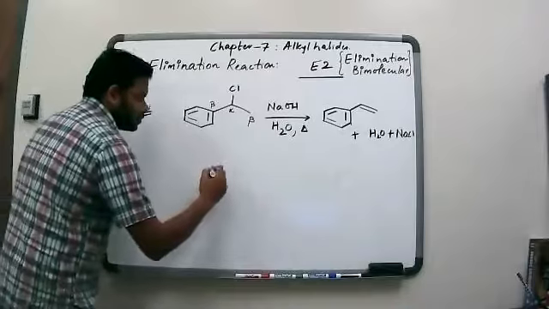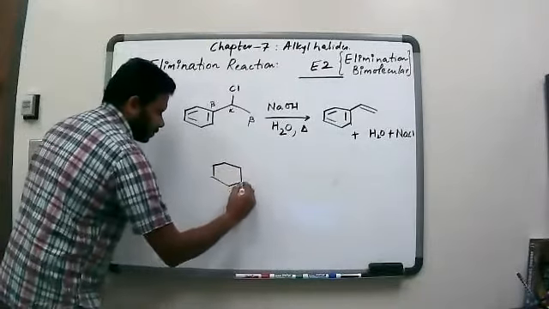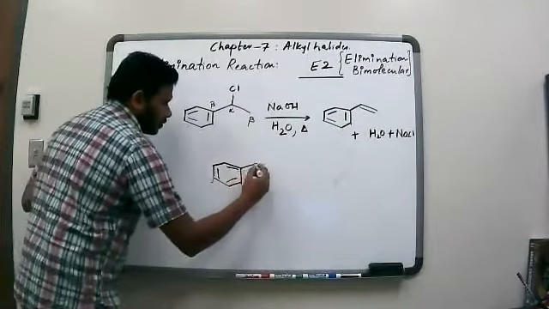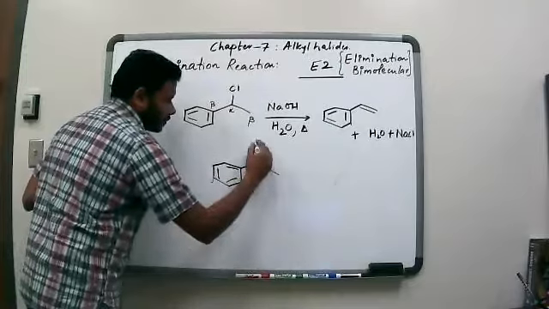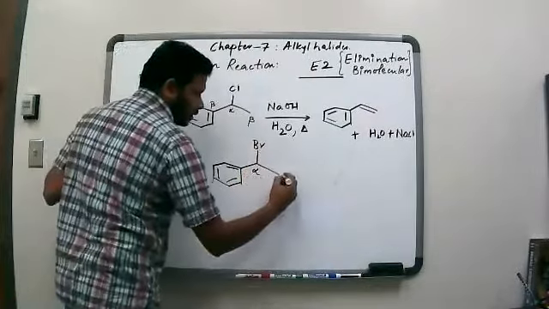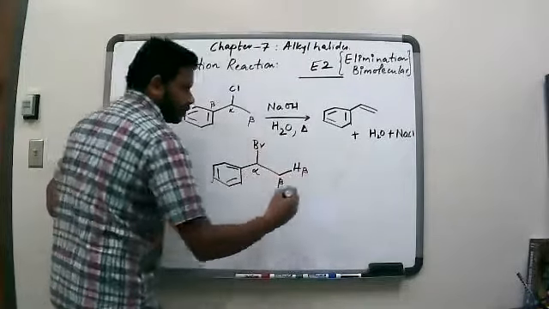And in terms of mechanism, if we had to show a mechanism for this reaction, what's going on here? So you have Br, you have alpha. This is our H beta. This is our beta carbon.